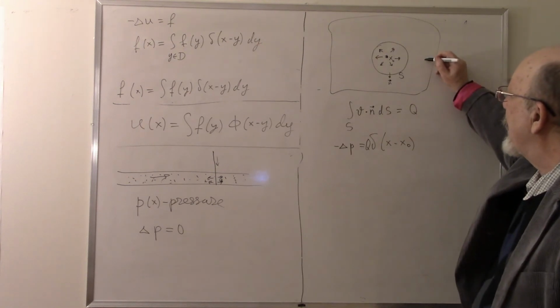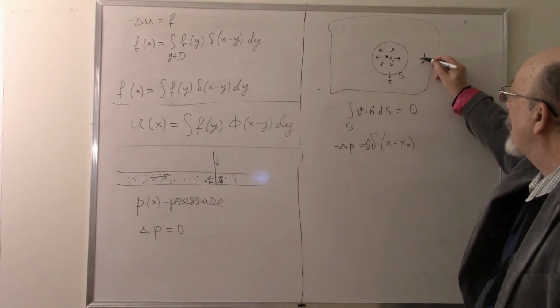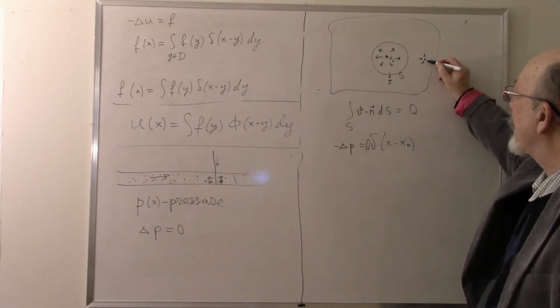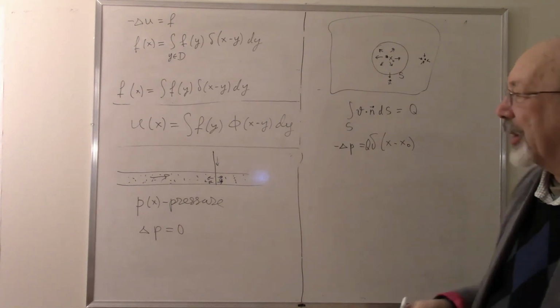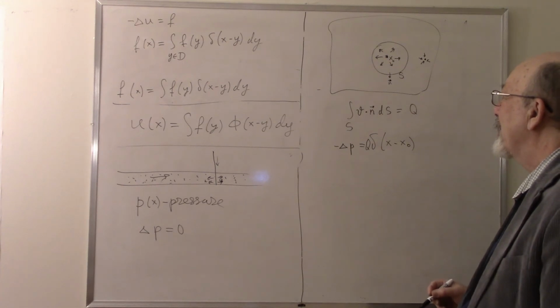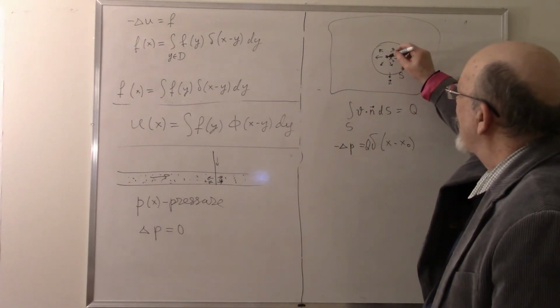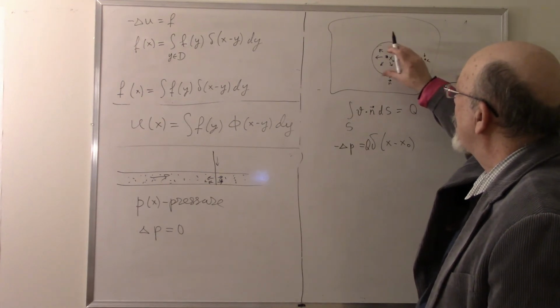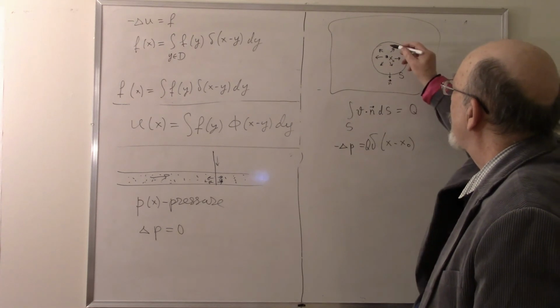If you have here a production well such that it pumps water outside of this reservoir, then Q becomes negative. So in this case, one well gives you some flow, and what is this flow?